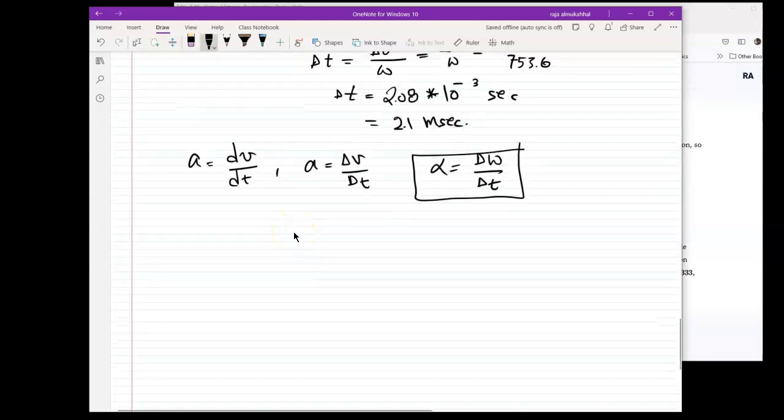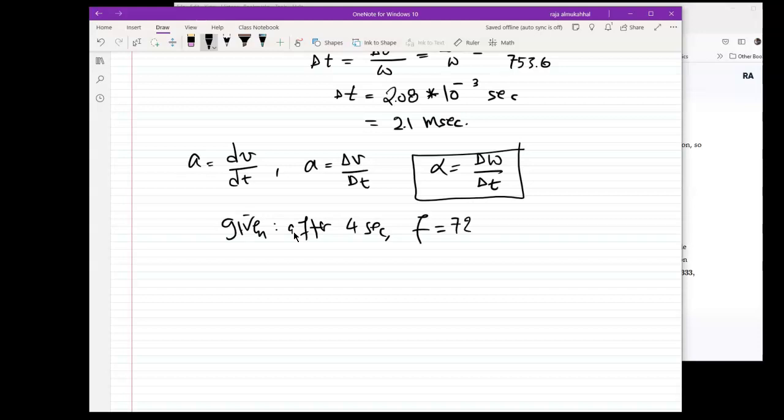So after 4 seconds, given to us, f is equal to 7,200 RPM, which we converted to hertz, or we can say omega is equal to 753.6 radians per second. So we can simply use this formula and say that alpha is equal to omega over time.